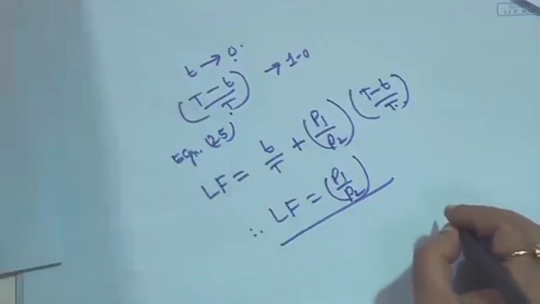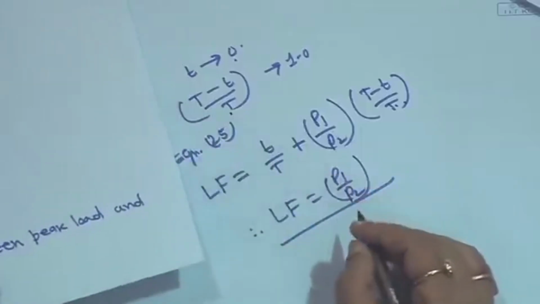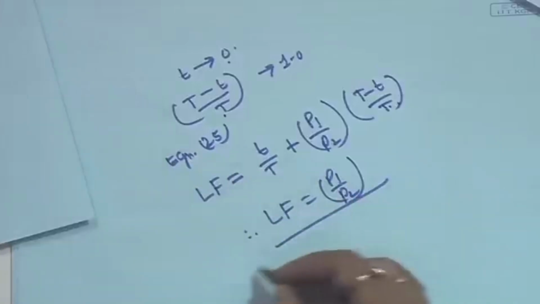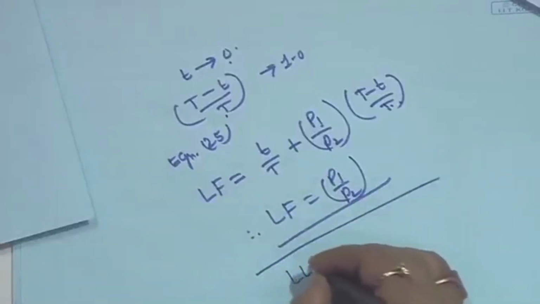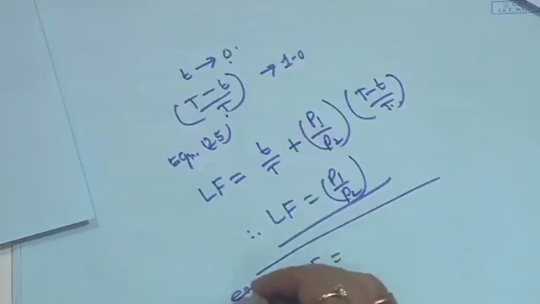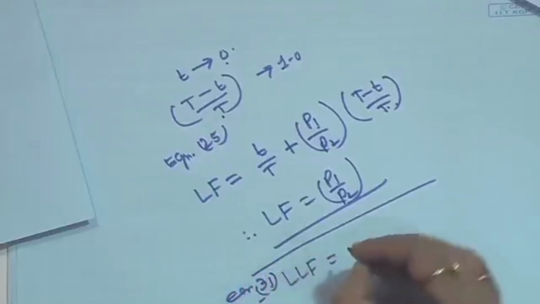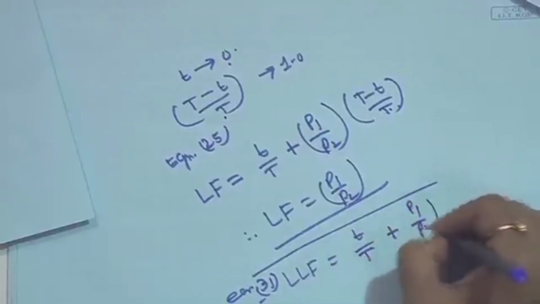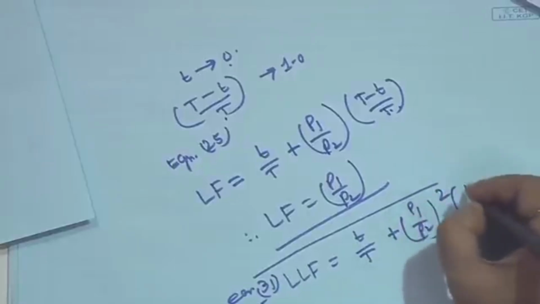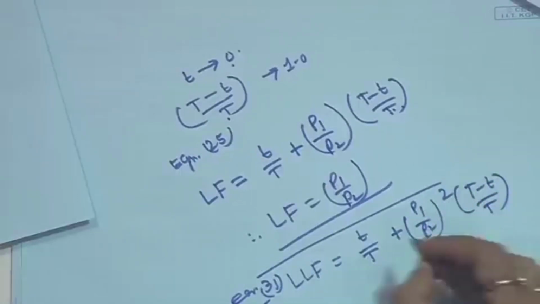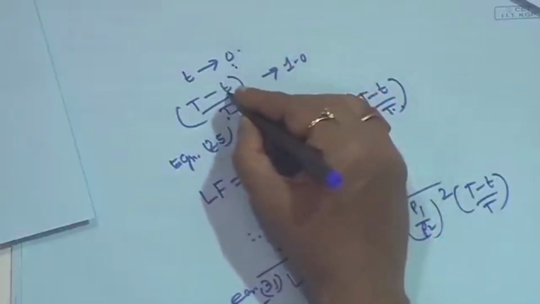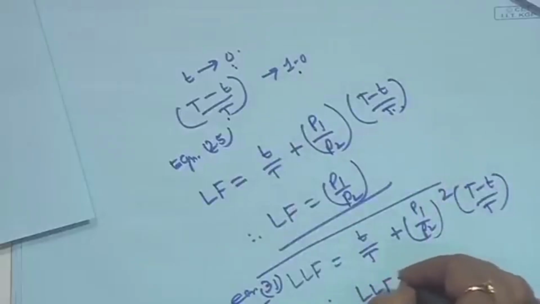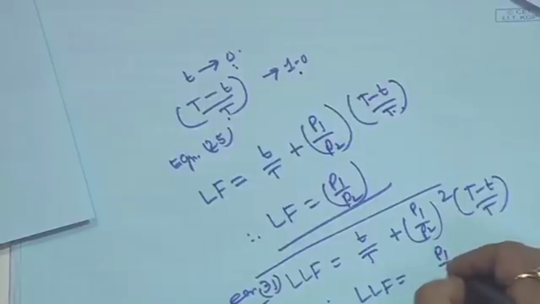Similarly, look at equation 31, that loss factor expression. I am writing here LLF, equation 31: it is t by T plus P1 by P2 whole square, then (T minus t) by capital T. As t tends to 0 and this (T minus t) upon capital T tends to 1, LLF is equal to P1 by P2 whole square.